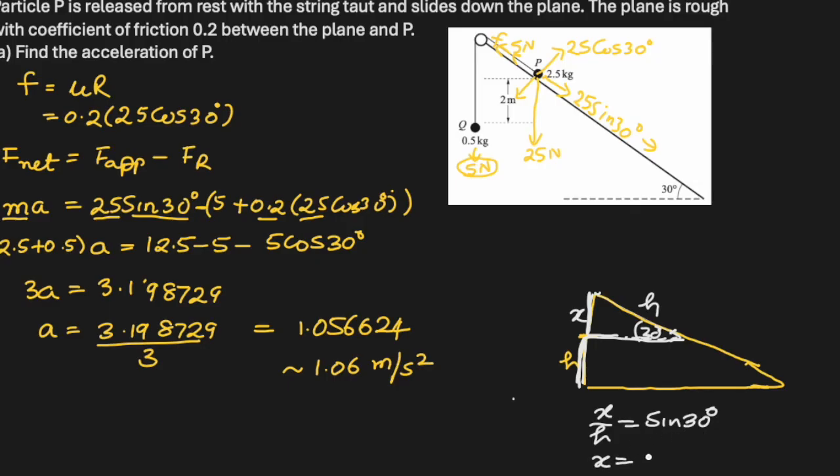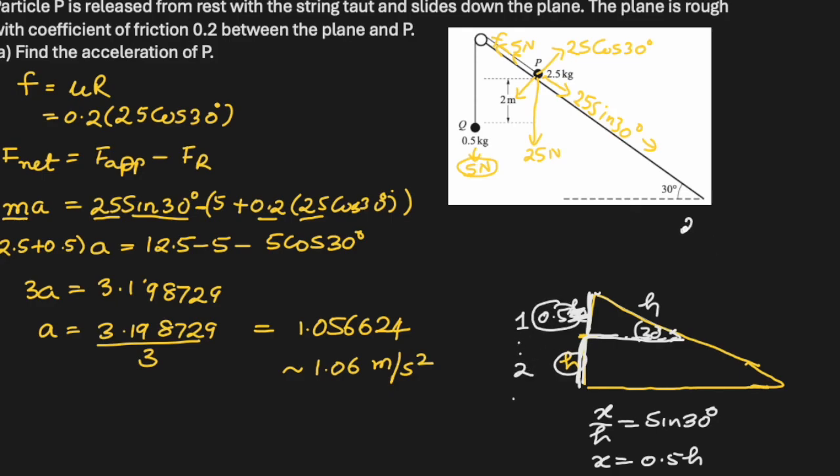So x is 0.5 h. That means whatever is h here, 0.5 h is the height dropped by the 2.5 kg body sliding through the surface. Okay, that means the ratio is 1:2, isn't it? This height is double of this height, so 1:2.